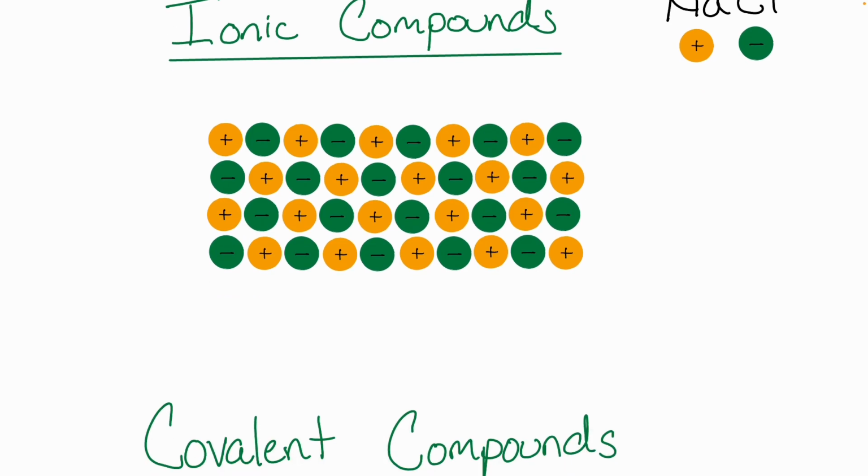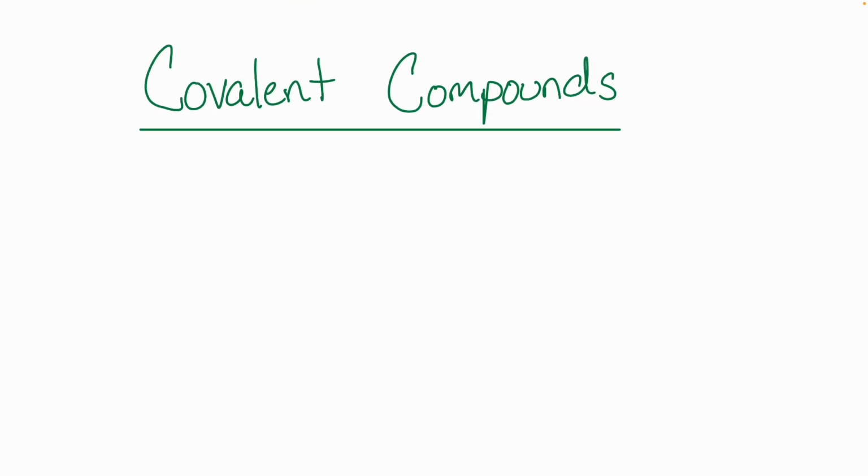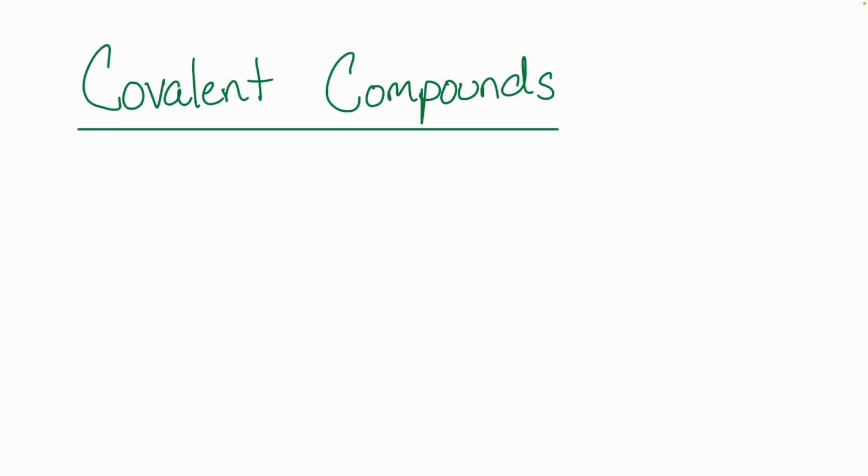Okay, this is different than covalent compounds. So for example, a covalent compound, again, all nonmetals, something like CH4. Okay. What we have with CH4 is we have our carbon atom in the middle.